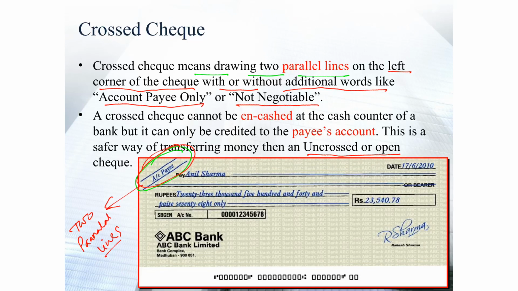A crossed check cannot be encashed at the cash counter of a bank, but can only be credited to the payee's account. Remember, the payee's account is very important.